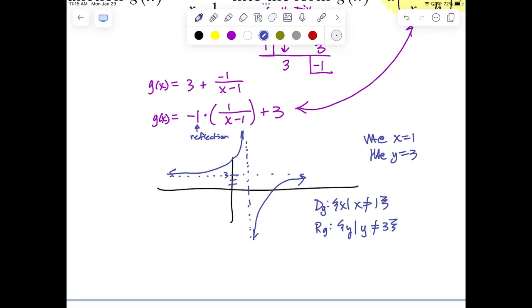All right, let's do one last thing here. Let's follow the point -1, -1. Where does the point -1, -1 go? This will be the last thing I have y'all do.